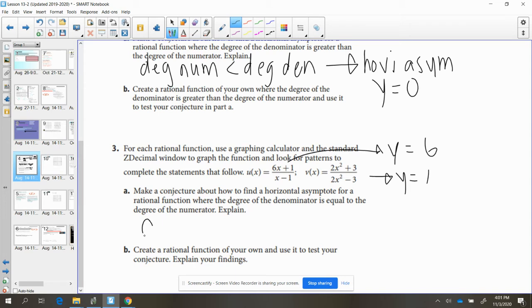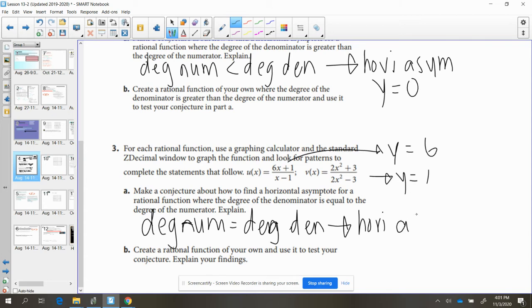So what we're seeing here is if the degrees are equal in the numerator versus the denominator, the horizontal asymptote is at the ratio of the leading coefficients. So it would be whatever your leading coefficient is on the top, whatever your leading coefficient is on the bottom, whatever that reduces to be is your horizontal asymptote.